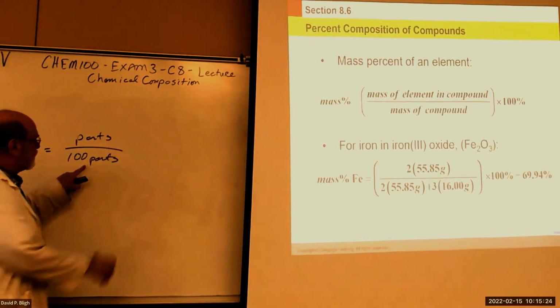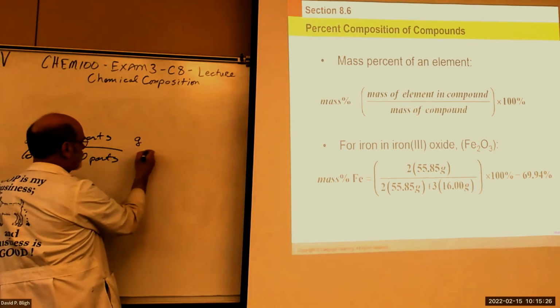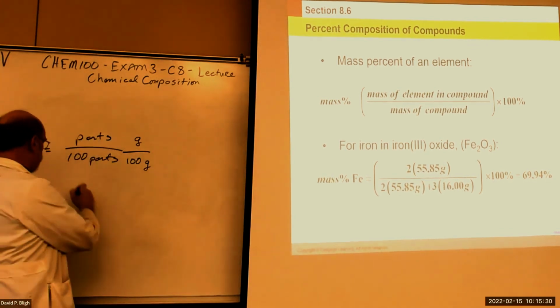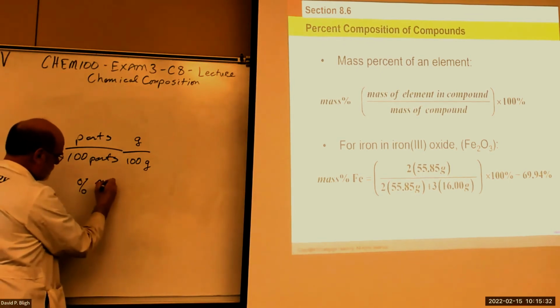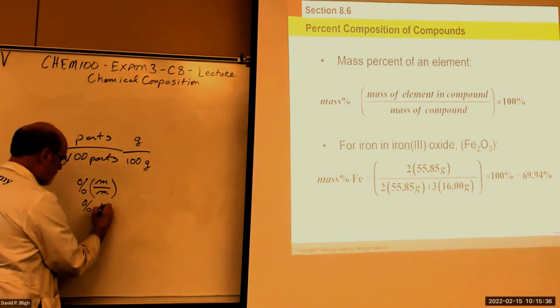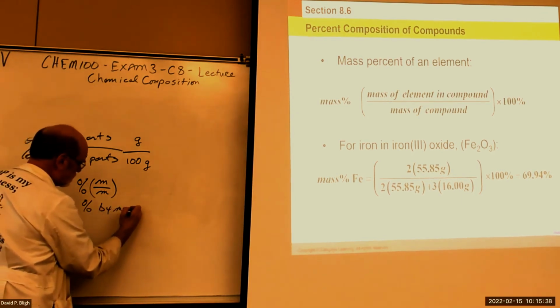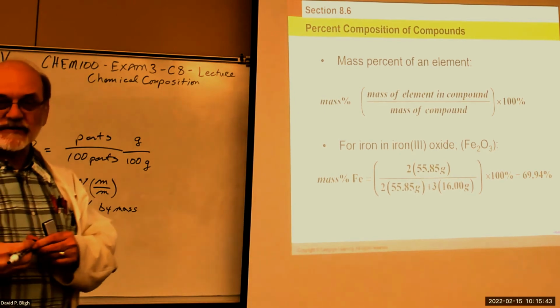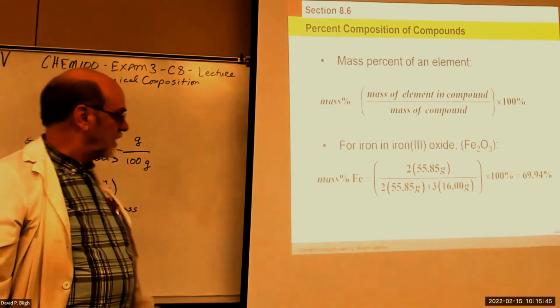In this case, parts is grams per 100 grams. So this is often written as percent mass/mass, or percent by mass, when you're specifying what percent means.